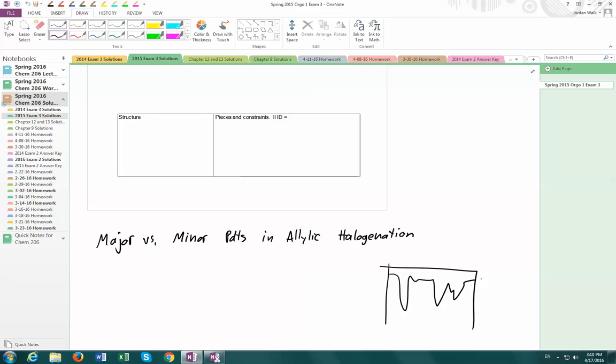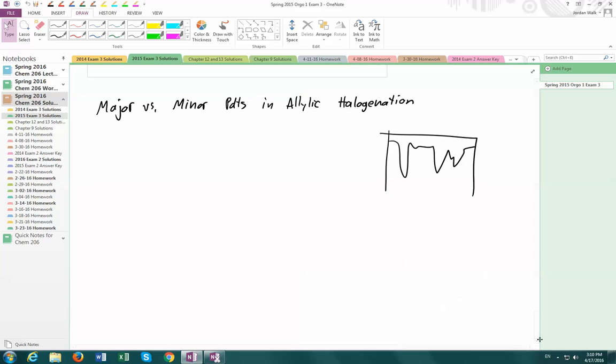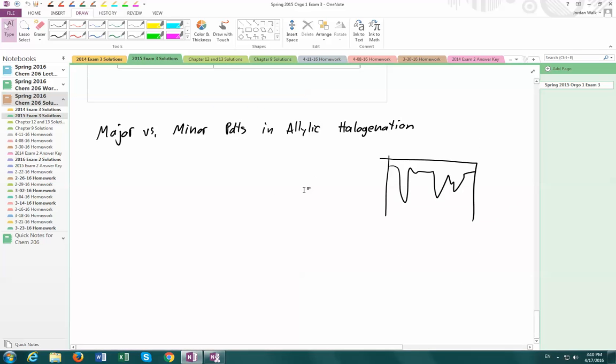Basically the fingerprint region is the right side. Let me bring up that cover sheet really quickly so everyone will have a good idea of what we're looking at. Basically we split the IR spectrum up into 2 regions. On the left side there's typically not a lot of noise and not a lot of peaks, so there are very strong diagnostic peaks there.